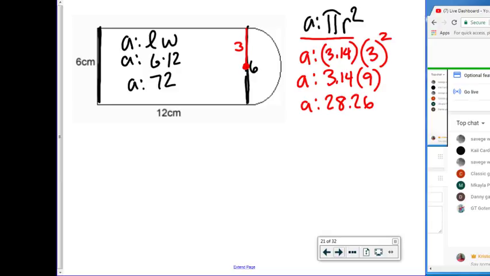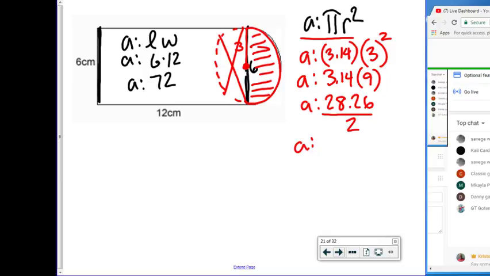However, just like with the circumference of the circle, this is a half circle. 28.26 represents an entire circle. I don't want the entire circle, I want half. So to get half of this number, I would divide it by 2. The area of the semicircle is 14.13.